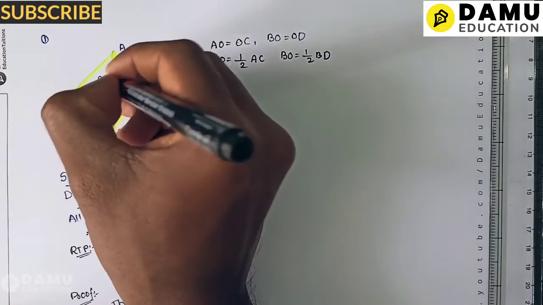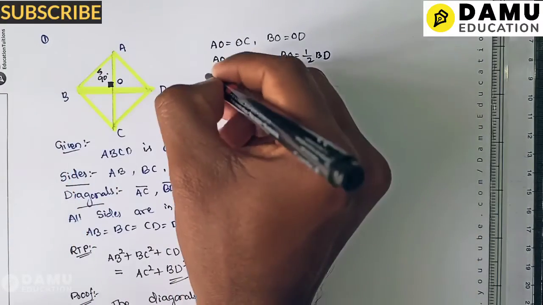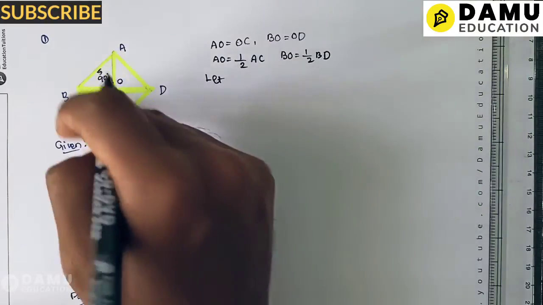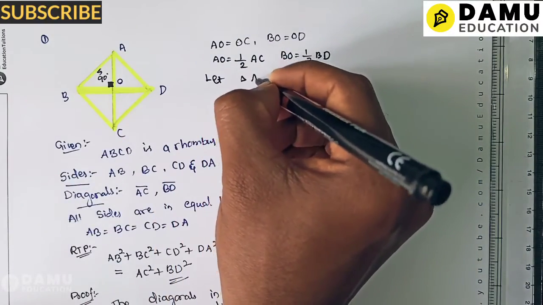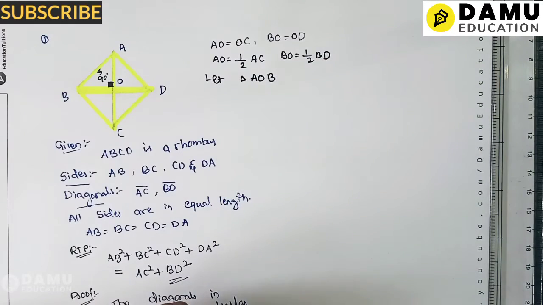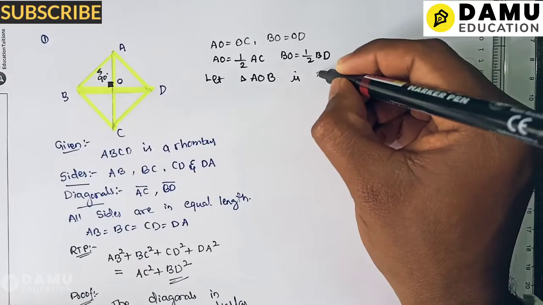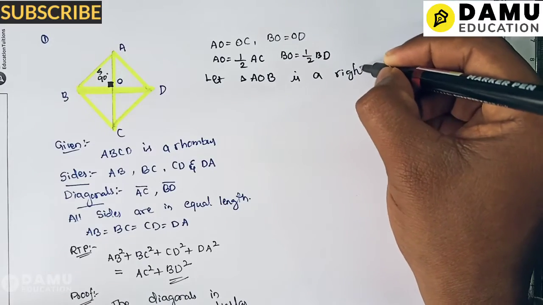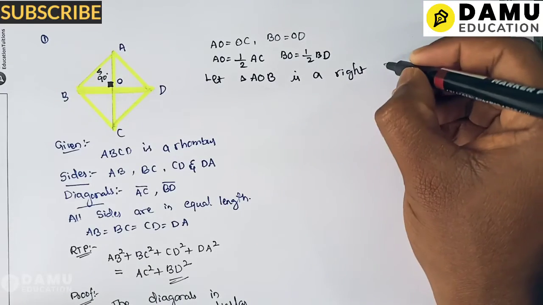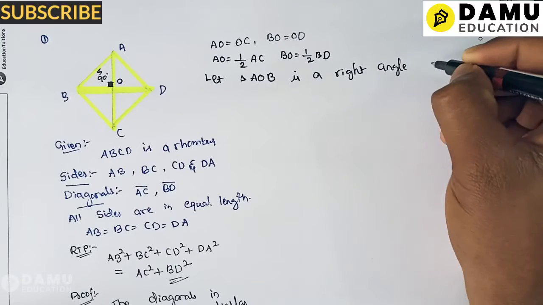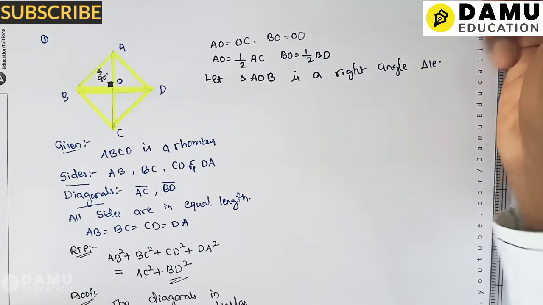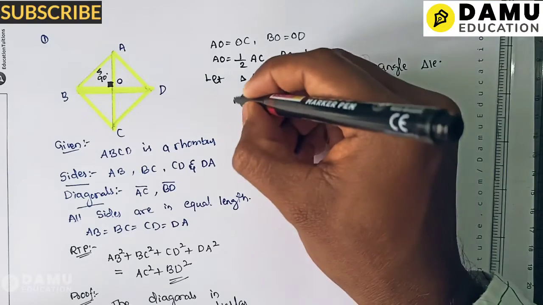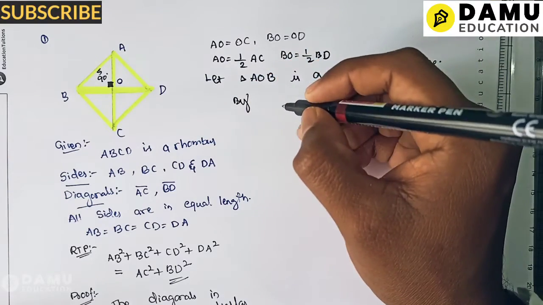So let's consider a triangle. Let triangle AOB be a right angle triangle. In that triangle, we can use the Pythagoras theorem.